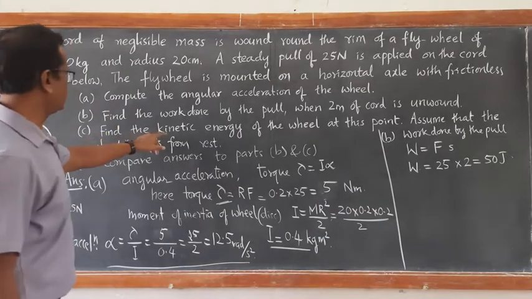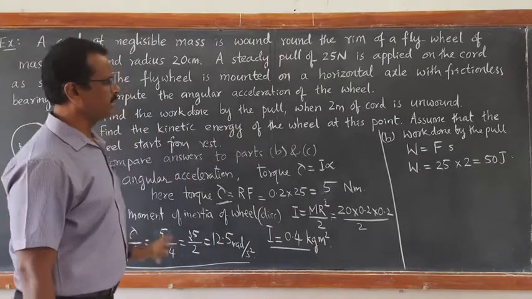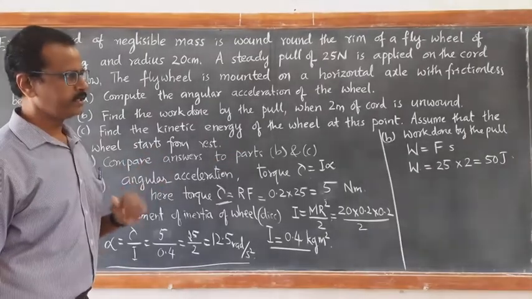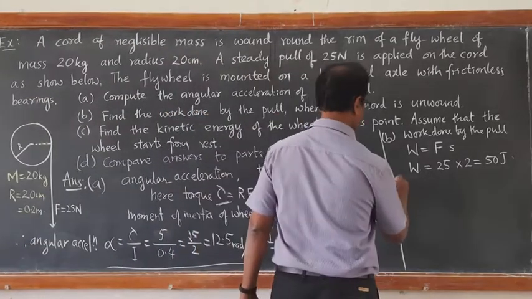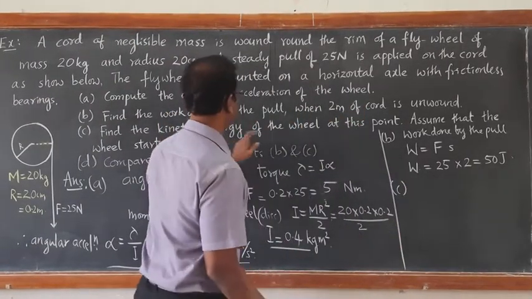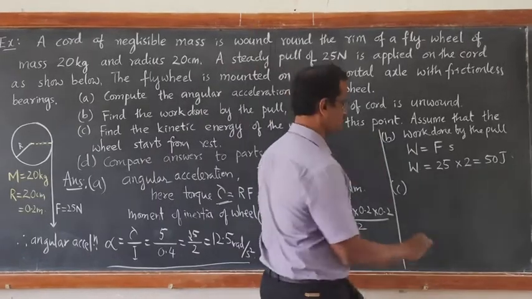Now find the kinetic energy of the wheel at this point. So we need to calculate kinetic energy. How do you calculate kinetic energy? That is the third part, kinetic energy of the wheel. We call it rotational kinetic energy.